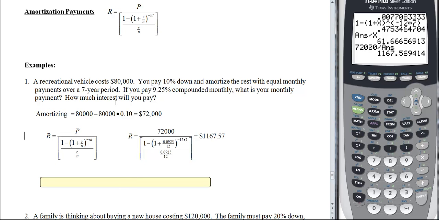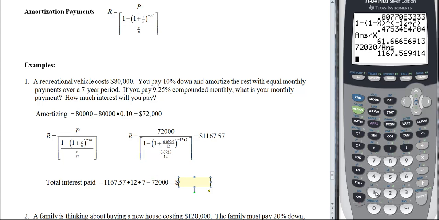Now, the next thing, how much interest will you pay? Well, you've got to remember, we made a series of payments. So we have got that much that we're going to pay for that many months, that many years. Then we subtract what we borrowed.